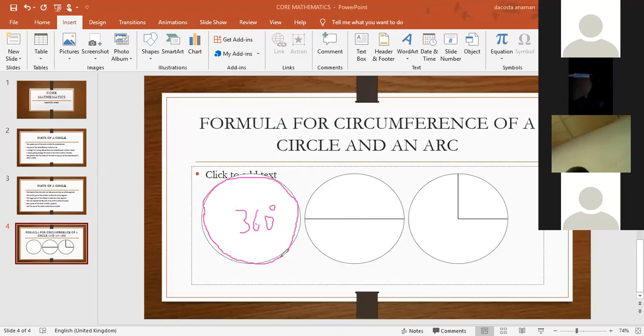Is that okay? Now with this semicircle, if you are supposed to move around this semicircle, you are going to move from here to this side. We are still talking about the perimeter here. And with this one, it is half the angle of the full circle. Half of 360 is 180 degrees.